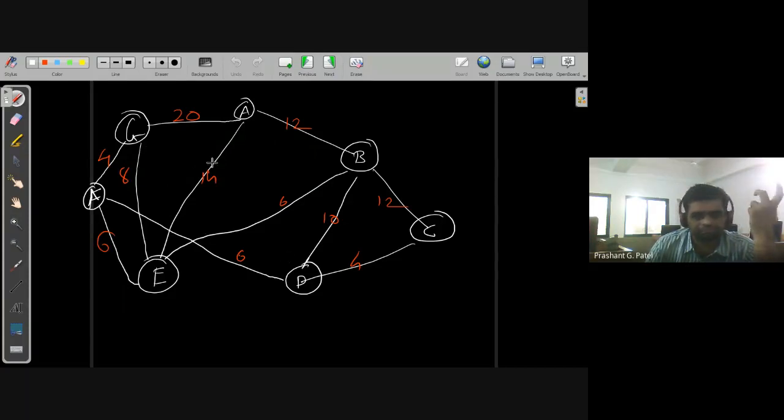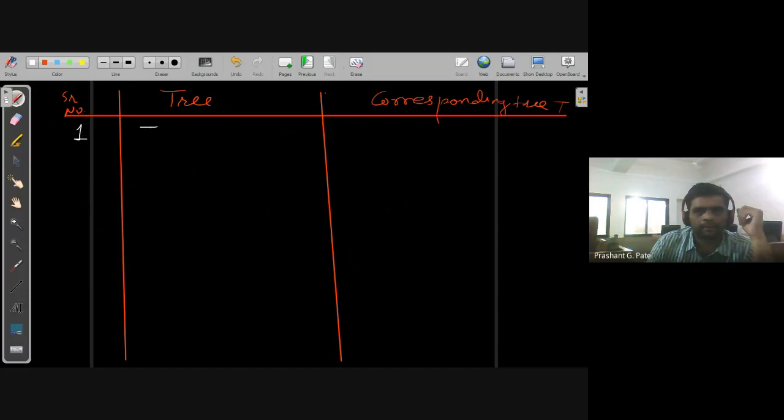So in particular, I'm just starting with A. So my T consists of only one vertex A, and there is no edge. So the corresponding graph is just one vertex A.